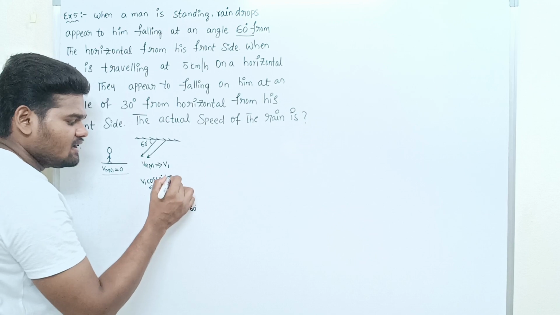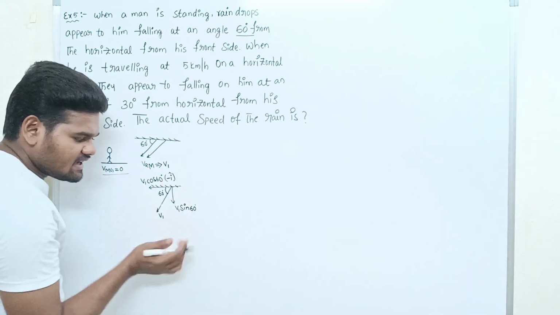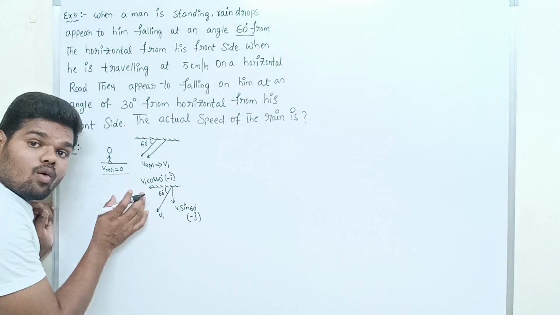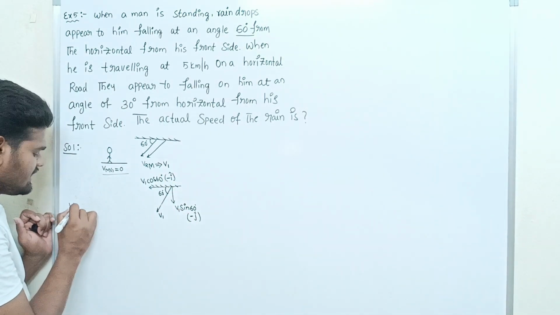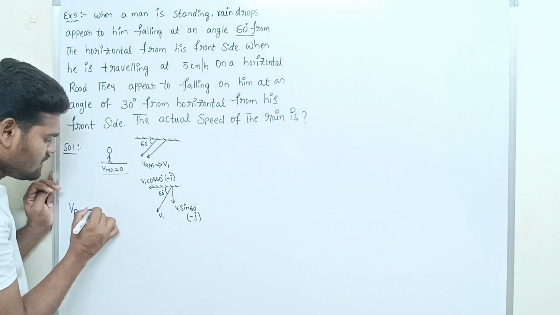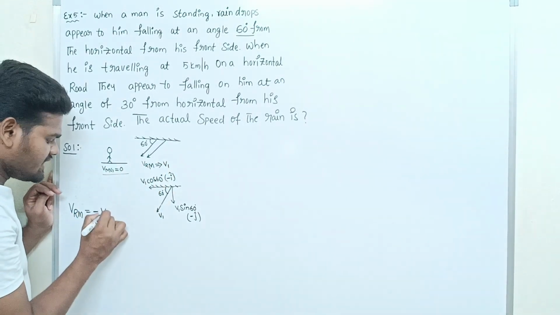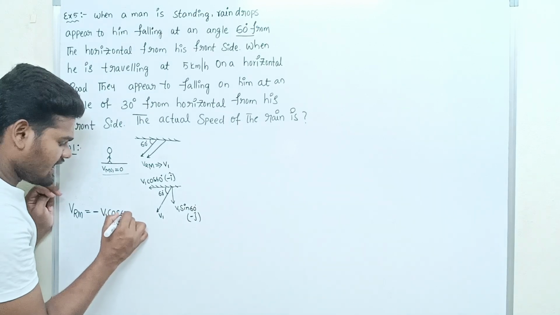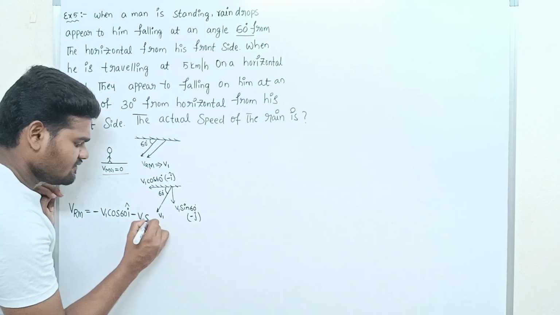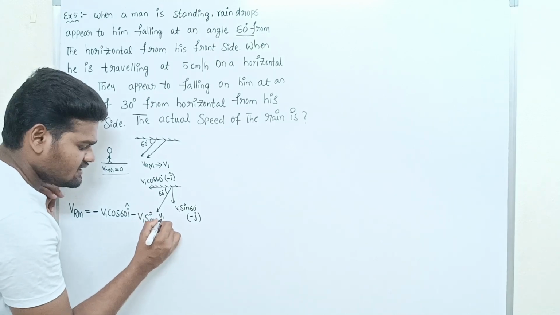What is the unit vector? Minus i cap. Along this direction, what is the unit vector? Minus j cap direction. Now the overall velocity of rain with respect to man is equal to minus V1 cos 60 i cap minus V1 sin 60 j cap.